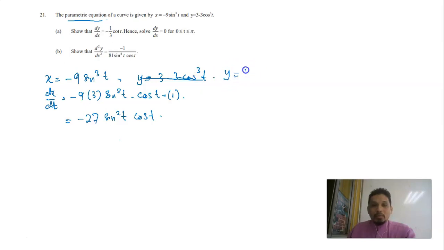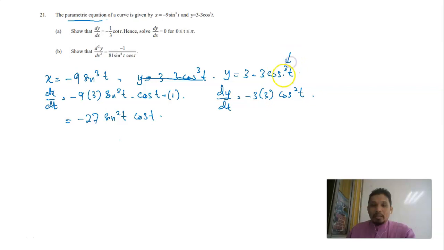Y equal to 3 minus 3 cos cubed t. So then dy/dt equal to, differentiate 3 equal to 0, then negative 3, differentiate the power of 3, 3 cos squared t.